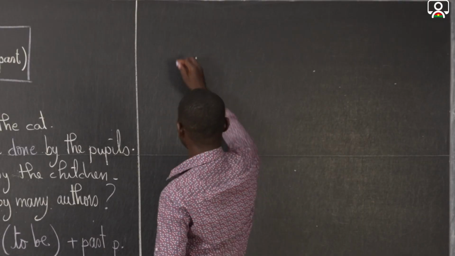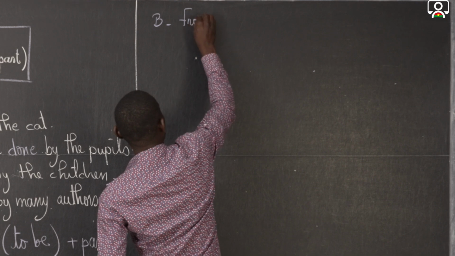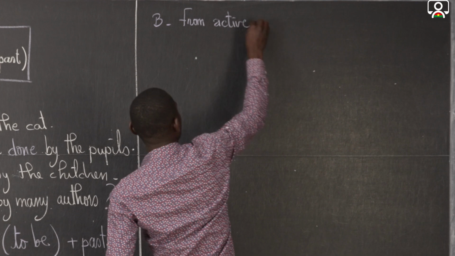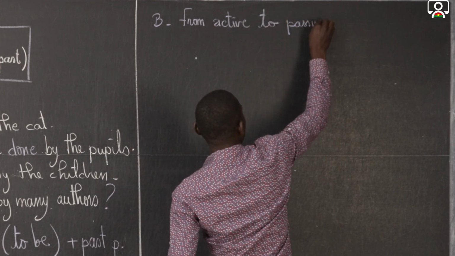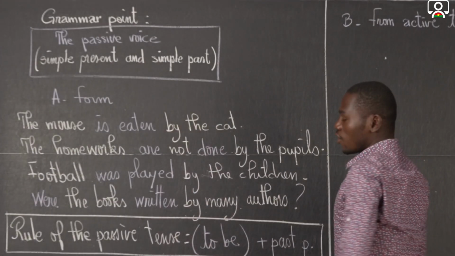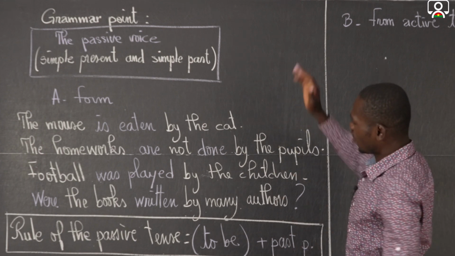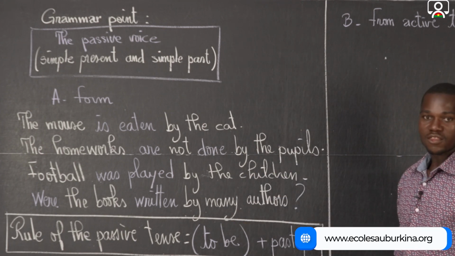So capital B, from active to passive. How do we go from active to passive? All of these sentences are passive, but how do we get them?